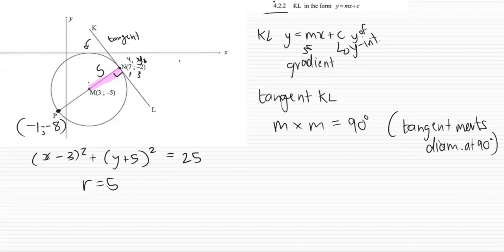So that's here. And we know that when two lines meet at 90 degrees, then the product of the two gradients is going to equal, not 90 degrees, it's going to equal minus 1. So what can we do with this information? Well, we can find the gradient of NP.